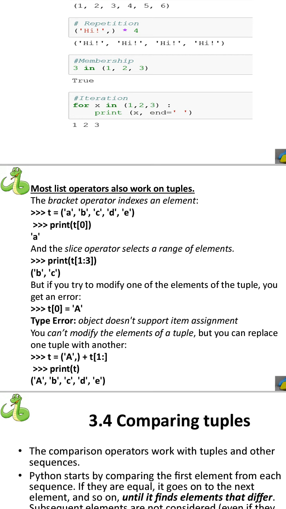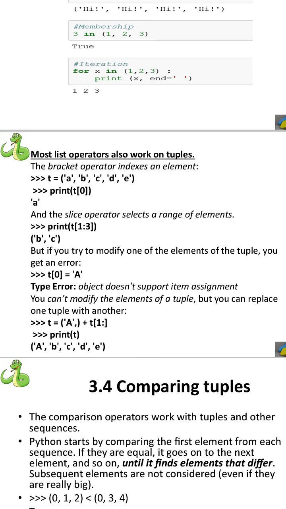Most list operators can also work on tuples. What I mean to say is, we can access tuple elements using index values. If you see, my tuple T has 5 elements with values a, b, c, d, e.